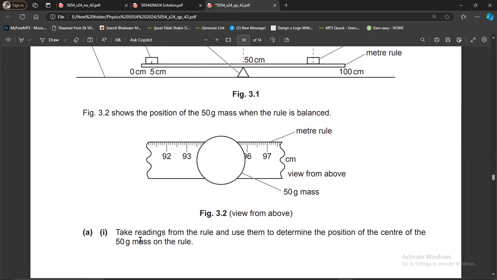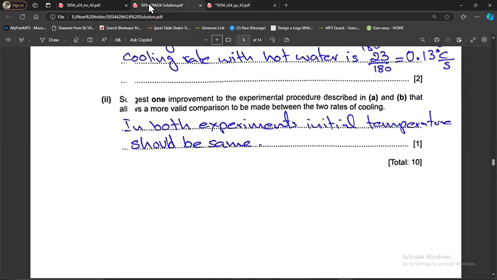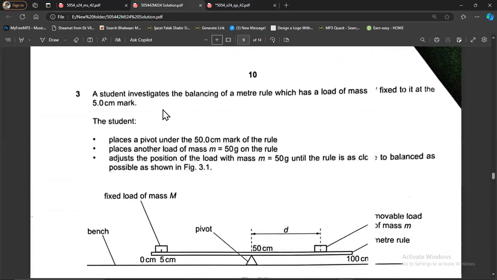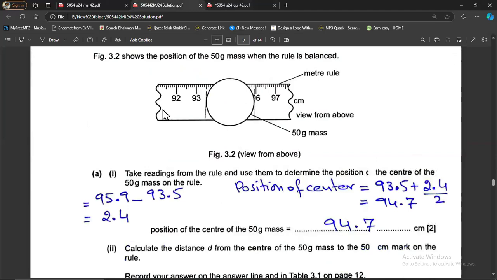So first part, take the readings from the rule and use them to determine the position of the center of the 50 gram mass. So this reading here is approximately 93.4, I think. This reading here is 95.9, I think. So I will find the middle of these 2 points. So I think this reading is 95.9 and this reading here is 93.5.